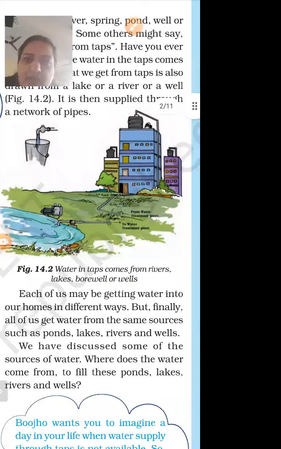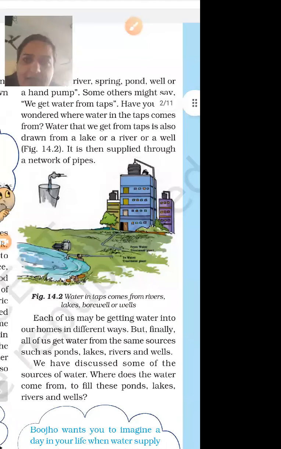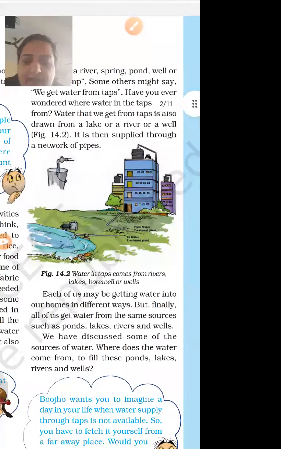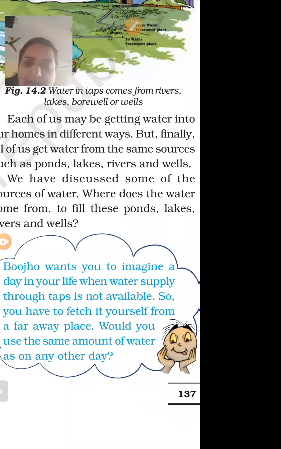Imagine a day when you have to labor hard and go to a far place to carry water. एक दिन इमेजिन करो जब पानी की सप्लाई हमारे टैप से नहीं आ रही और हमें पानी लेने के लिए बहुत मेहनत करनी पड़ रही है और बहुत दूर तक जाना पड़ रहा है. You have to fetch it yourself from a far place. Would you use the same amount of water as on another day?